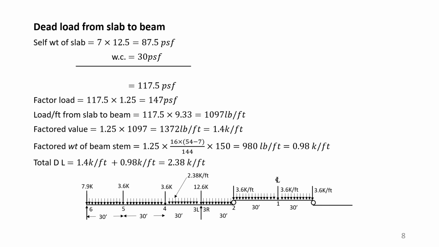At the cantilever end there will be 3.6 kip of diaphragm load, and at the middle of this 60 feet span there will be a diaphragm, and the diaphragm load will be 3.6, and the other diaphragm load is 3.6.